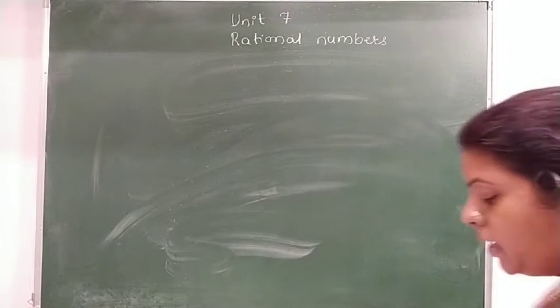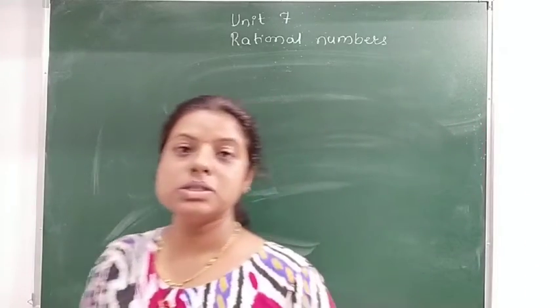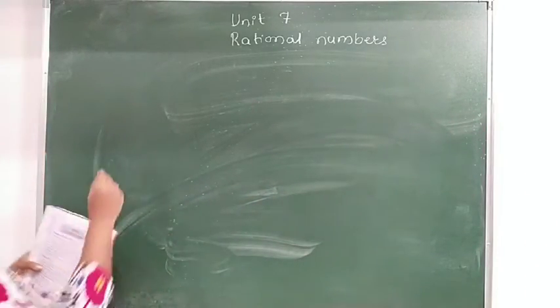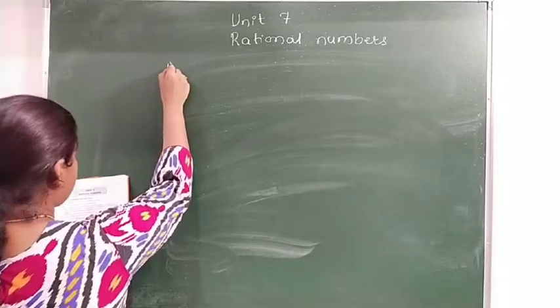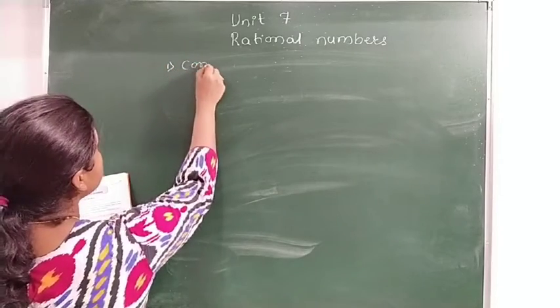In the natural numbers, we have to satisfy some properties. Those properties are the commutative properties.